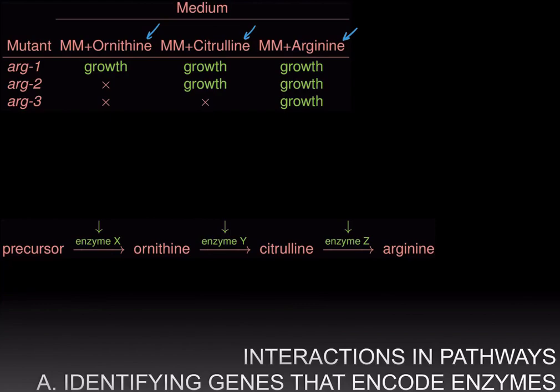In order to do that, we will write the wild type alleles with plus superscripts, and so we'll have arg2 plus and arg3 plus, with the understanding that the wild type allele makes the enzyme, whereas the mutant allele does not make the enzyme.